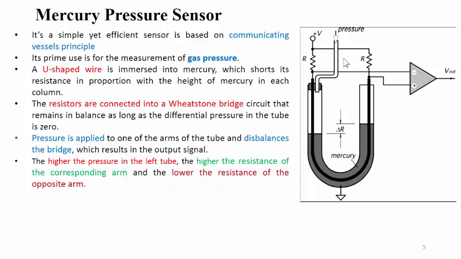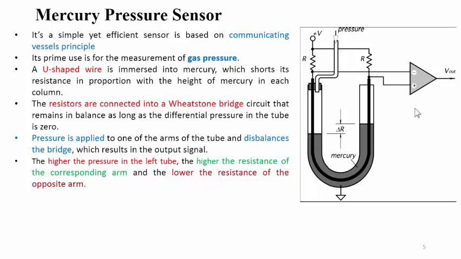Due to this the resistance changes, the bridge gets unbalanced, and the circuitry provides the output voltage. So the higher the pressure in the left side of the tube, the higher the resistance of the corresponding arm, and the lower the resistance of the opposite arm.